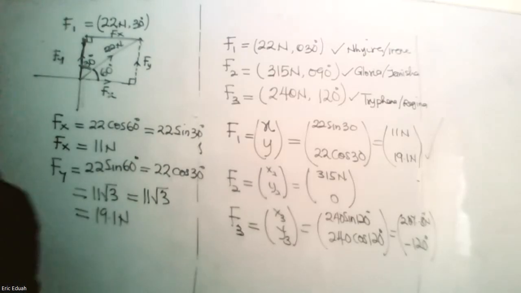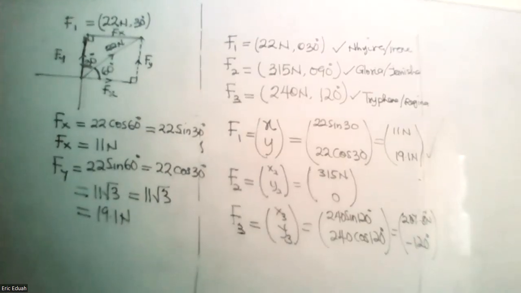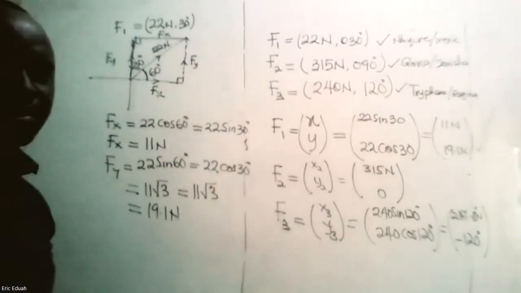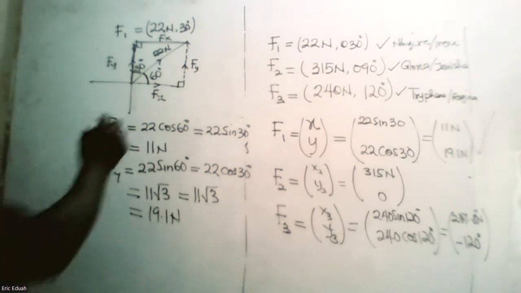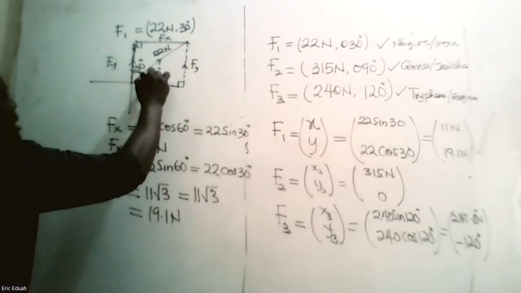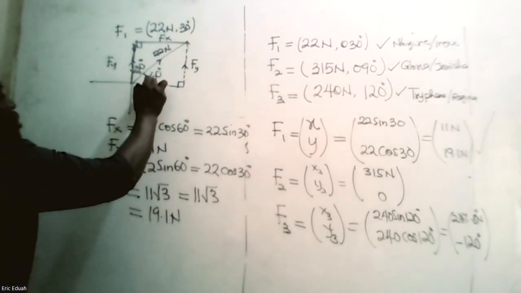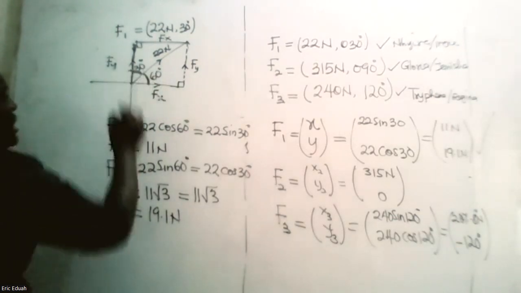I don't understand how the vertical component for the 60 is sine 60. You see, I said you can use the angle 60 degrees or 30 degrees.